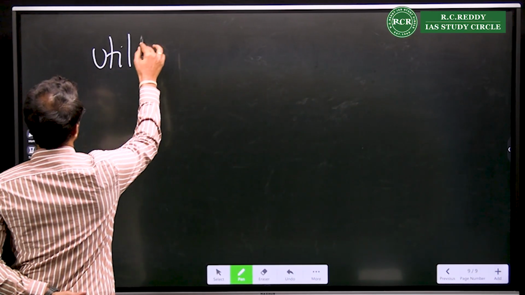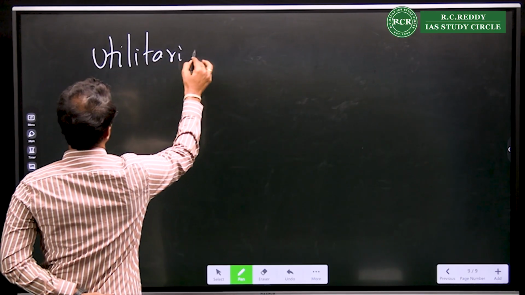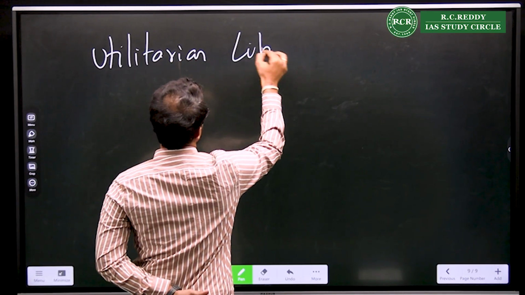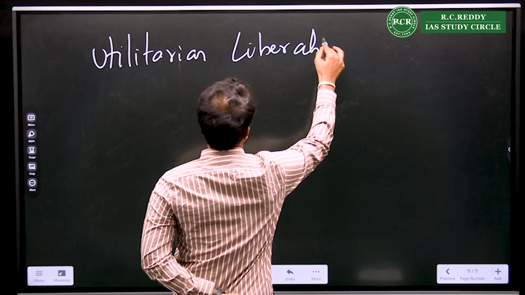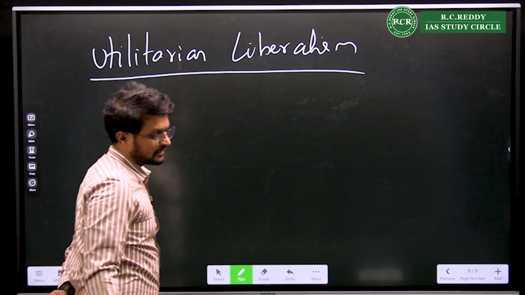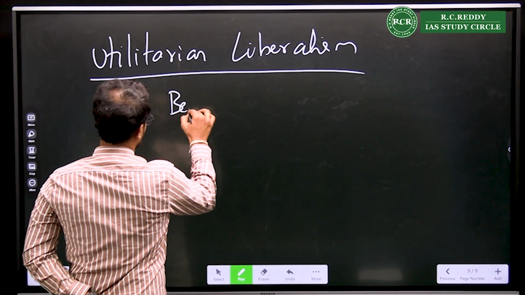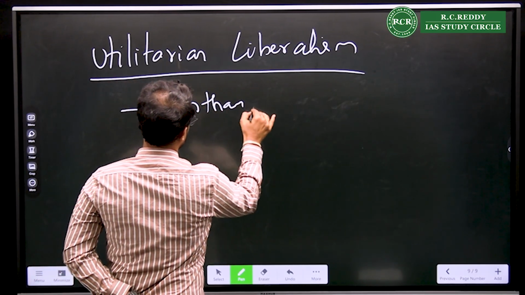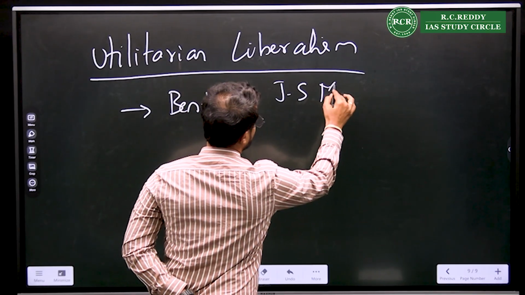Next is a concept given by utilitarian liberalism. Utilitarian liberalism is given by scholars such as Bentham and J.S. Mill. What do they say?